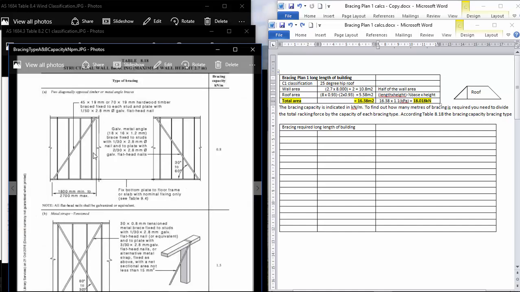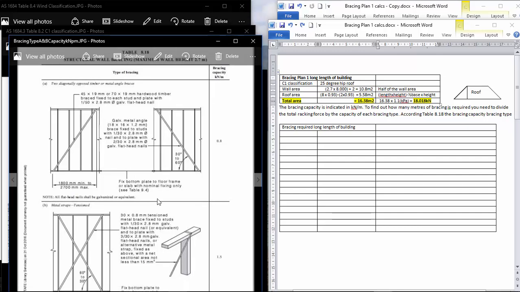So if we start, type A bracing can withstand 0.8 kilonewtons of force. The minimum and maximum length in metres are shown here. They're 1800 to 2700.